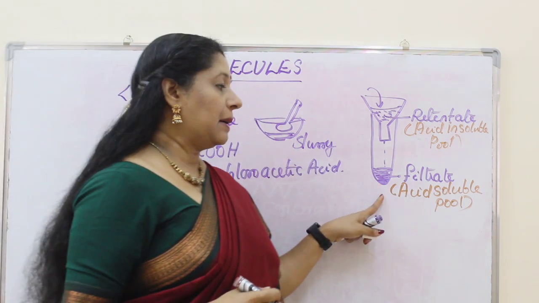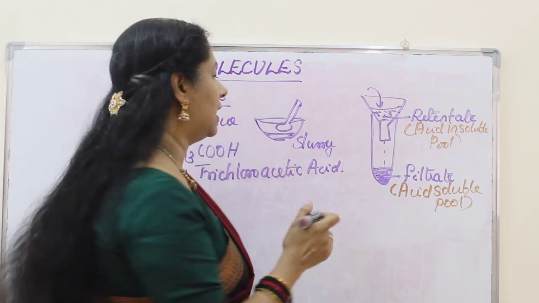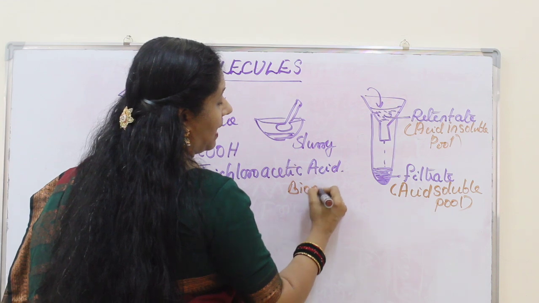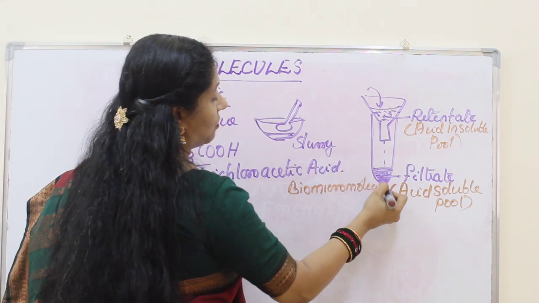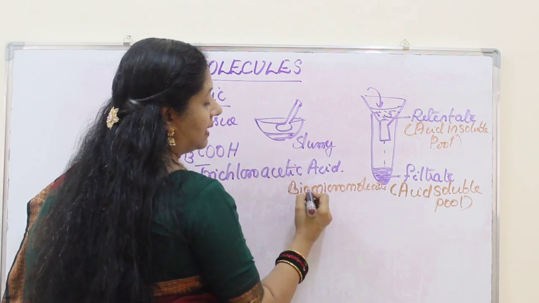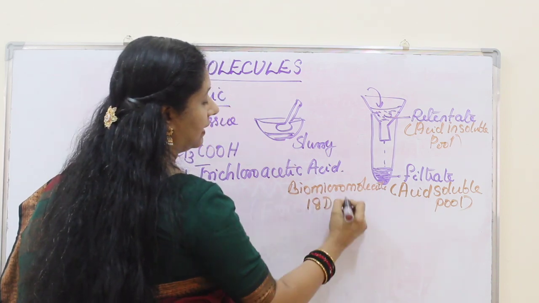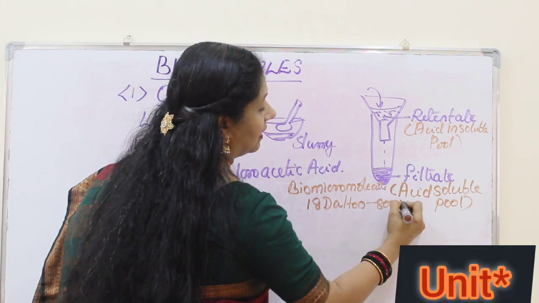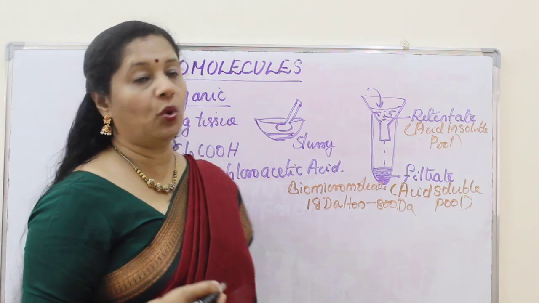We can see many small molecular weight substances in it. They are called micromolecules or micro biomolecules. Micro means small. Their molecular weight is from 18 Dalton to 800 Dalton. They all will be in the acid soluble pool.